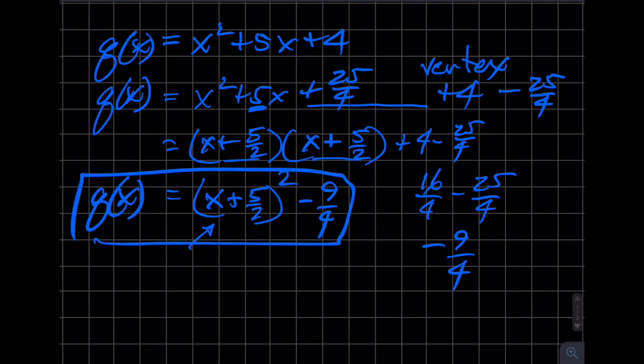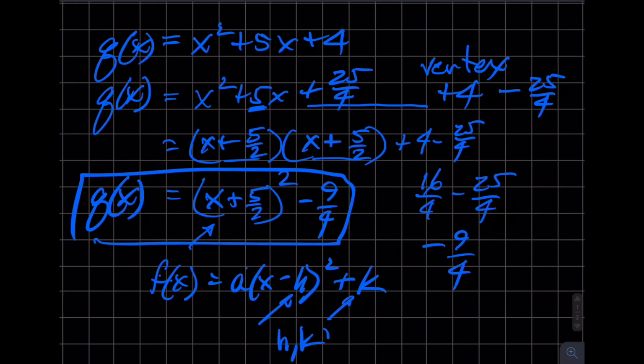Okay? And what's the vertex form of the parabola? Vertex form of the parabola is a times x minus h, the quantity squared, plus k, where h and k form the coordinates of your vertex. So this is your vertex. And so that's why we want to complete the square.